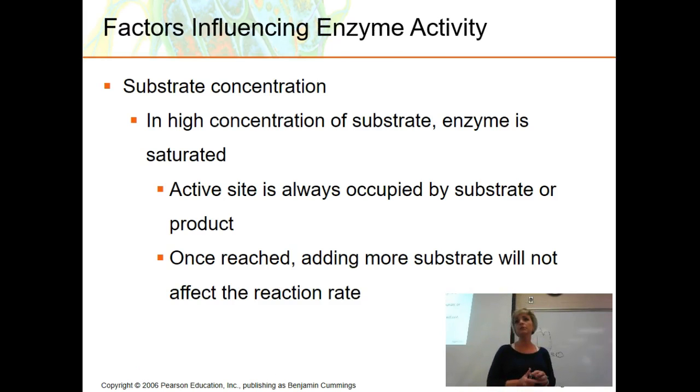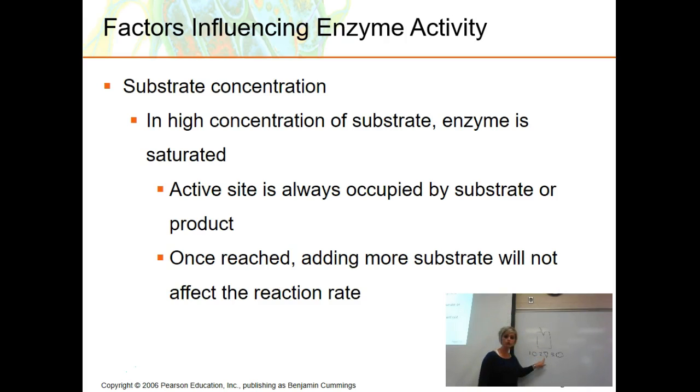I can also manipulate how fast the enzyme is working to a certain extent. It is called saturation. If I want an enzyme to be working, then I have to have substrate available.